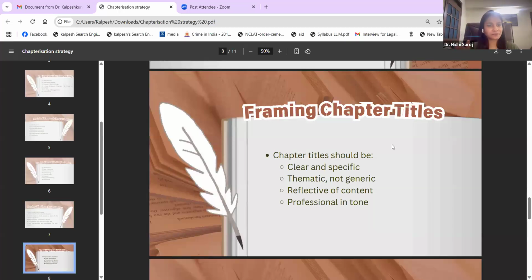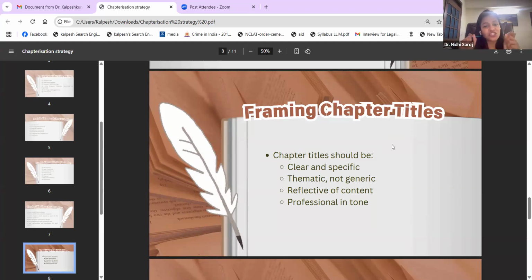I made a table: research question, research objective, and the related chapter. And finally, what is the conclusion? So I made it towards the end, but I had started working on it right from the very beginning, right? Because ultimately your research question should be answered. You have put one research question, but ultimately it has not been answered, then your research is meaningless.